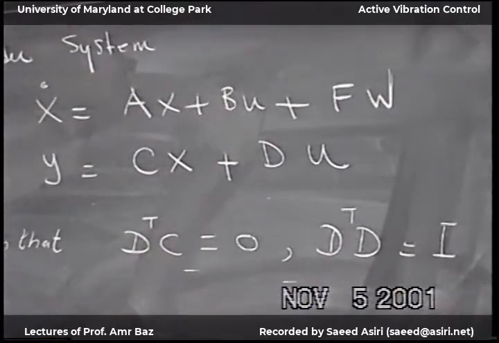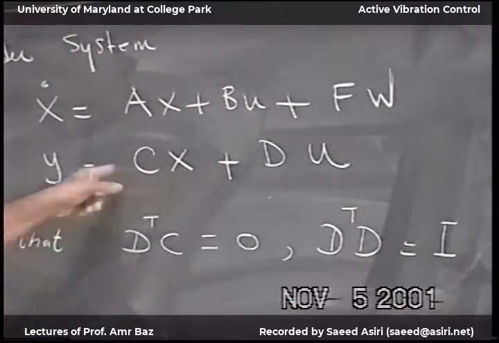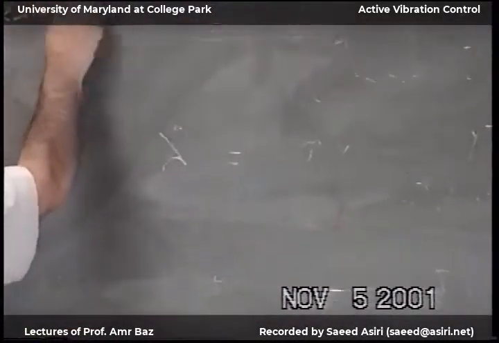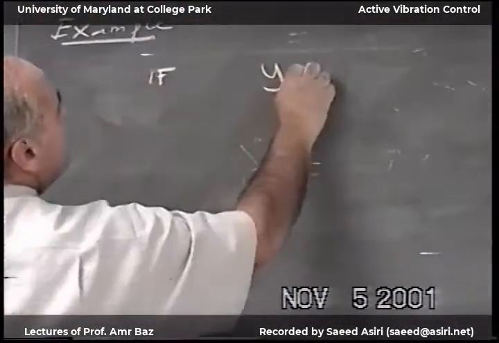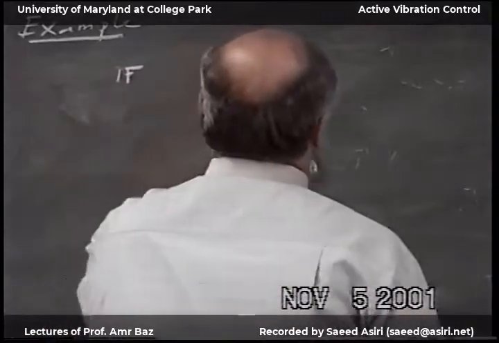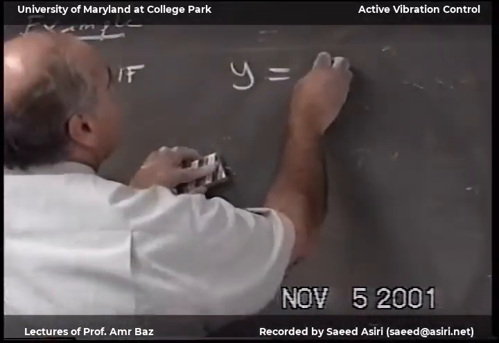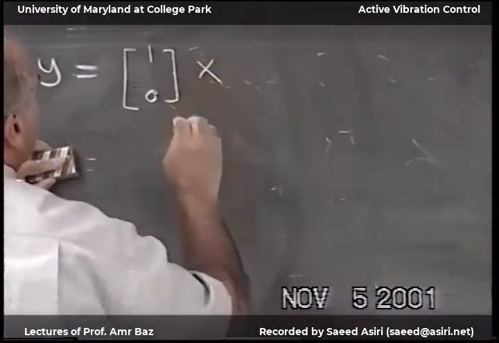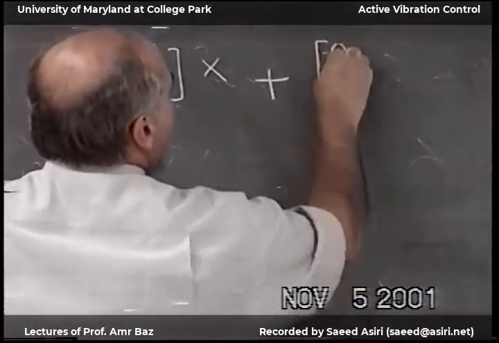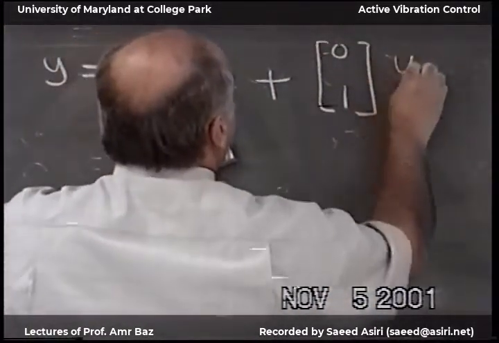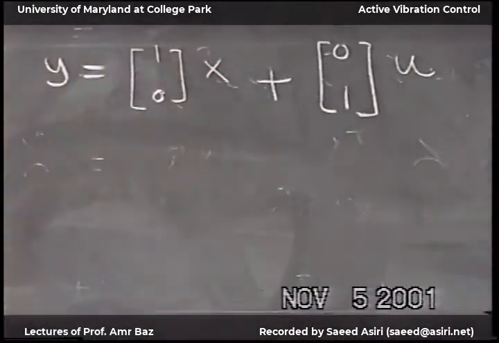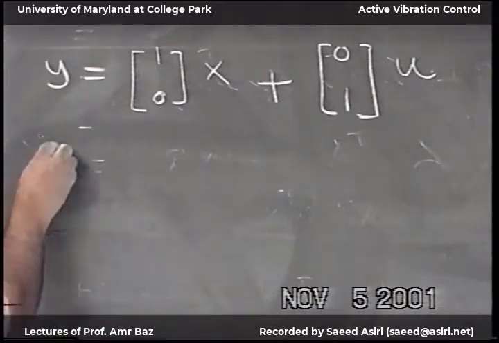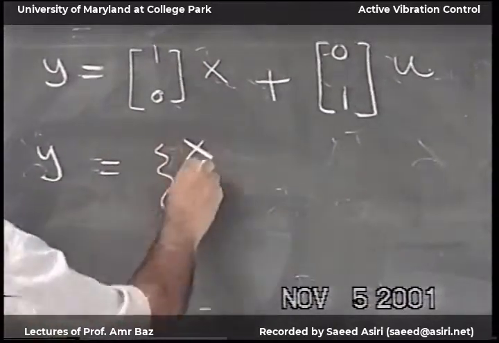This is a very nice trick, and the reason for this, I'll just say with a little example here. If y is equal to, for example, 1 and 0 times x plus 0 and 1 times u, what this is saying is that my y is nothing but x and u.